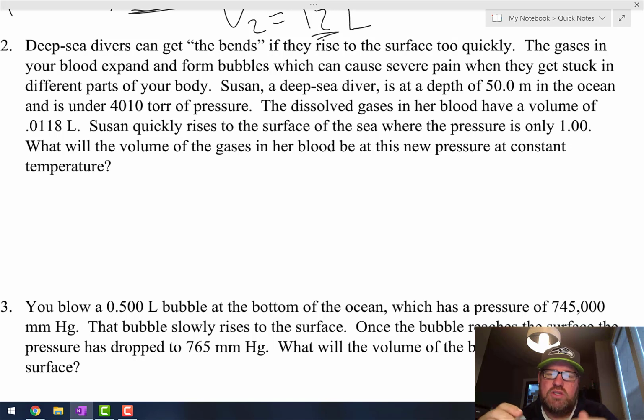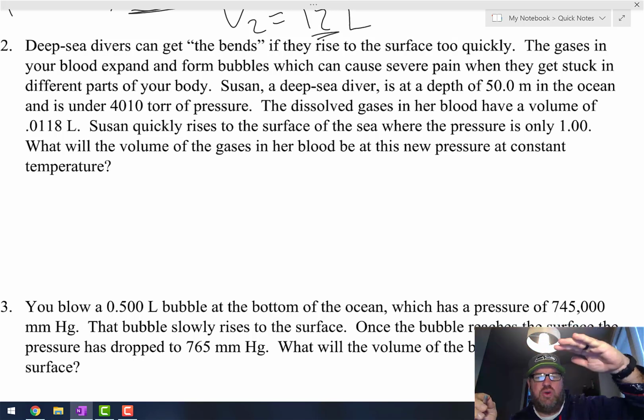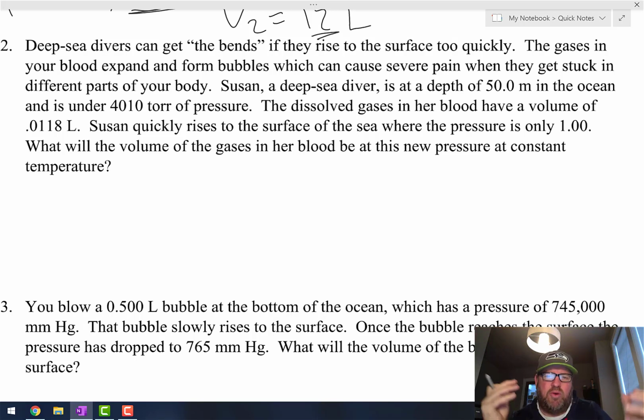If you come up to the surface too quickly, and again, we're not talking about, hey, I'm swimming at the beach. We're talking about people who have scuba tanks and they're way down there and they come up too quickly. This happens because the gases in your blood expand and they form bubbles, which can cause some pretty severe pain when those bubbles get stuck in different parts of your body.